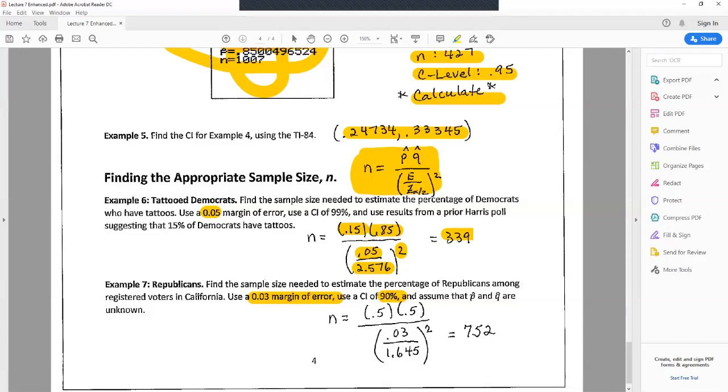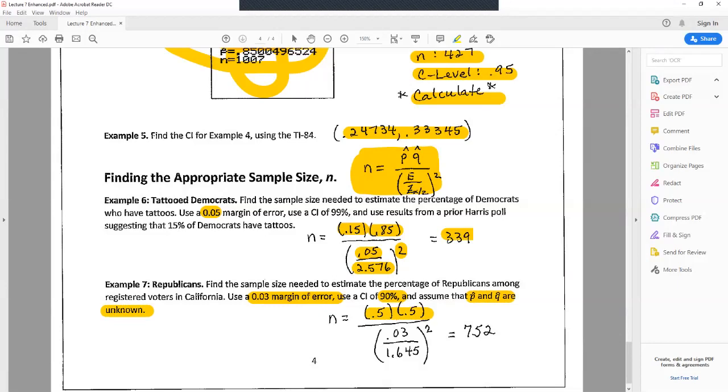And it says that p-hat and q-hat are unknown. So they did not give us any point estimate here. If they do not give you a point estimate, you just split it in half and you let p-hat be 50% and you let q-hat be 50% because that's really the best you can do.